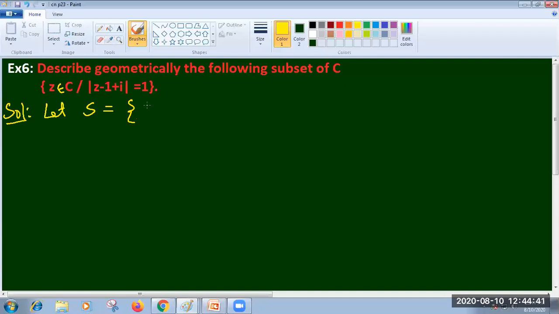S is the set of z belonging to the complex numbers such that the modulus of z minus 1 plus I is equal to 1. Now take z as x, y.